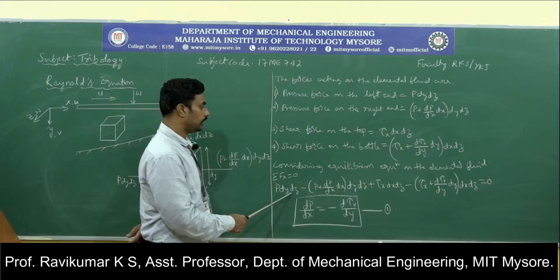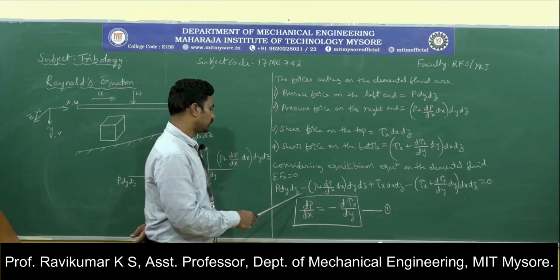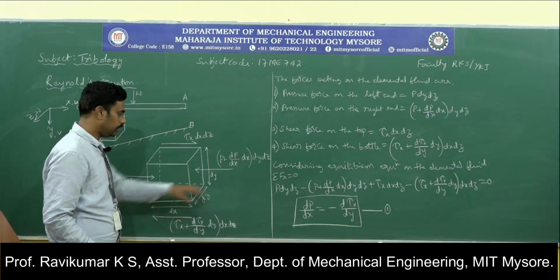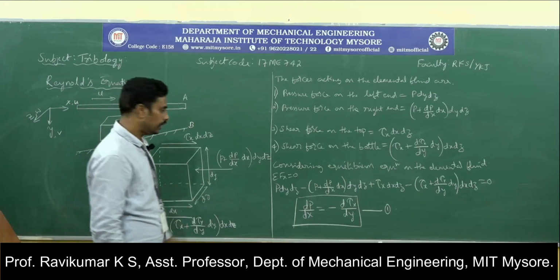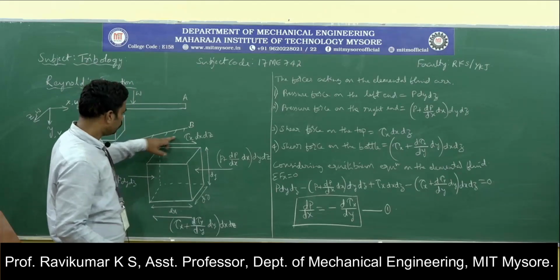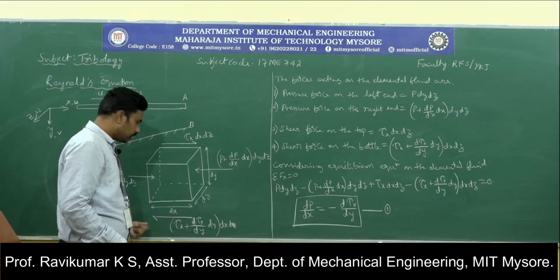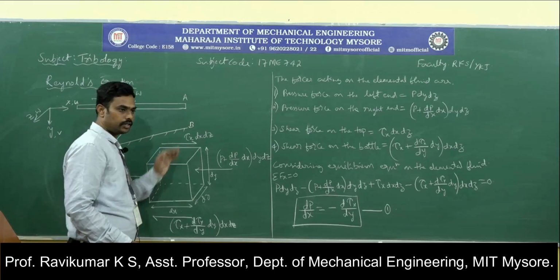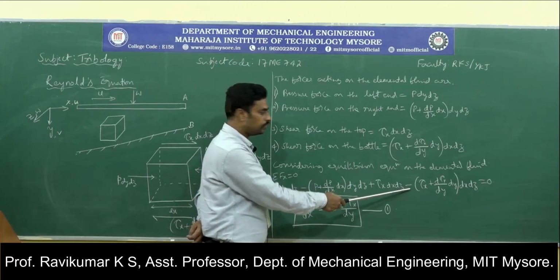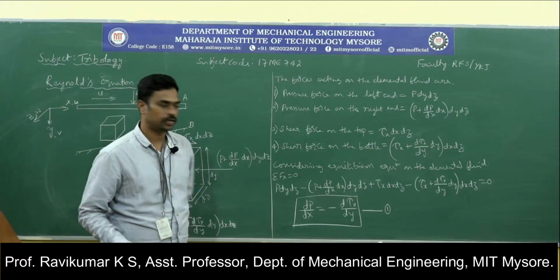Only the horizontal forces you need to consider: P into dy dz, minus P plus dP by dx, because it is opposite in direction, plus tau on this side and tau opposite here, top as well as bottom. So tau, one is positive, another one is negative, and the algebraic sum of all the forces should be equal to 0.